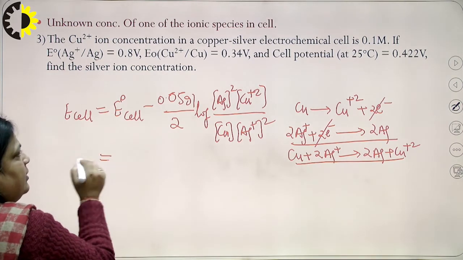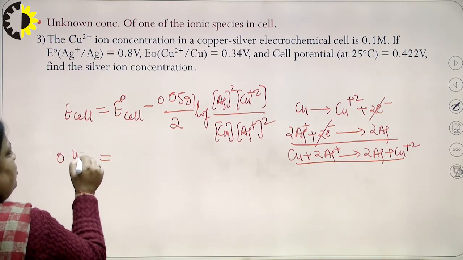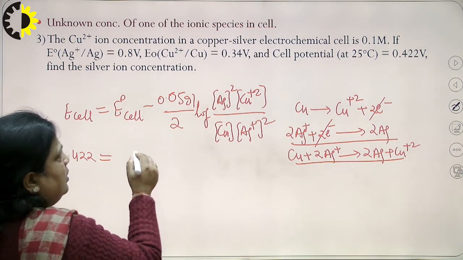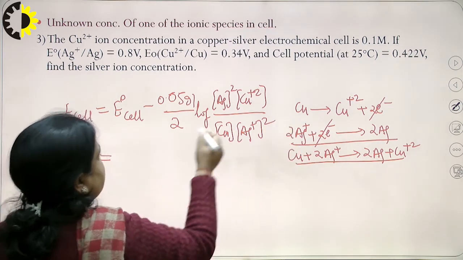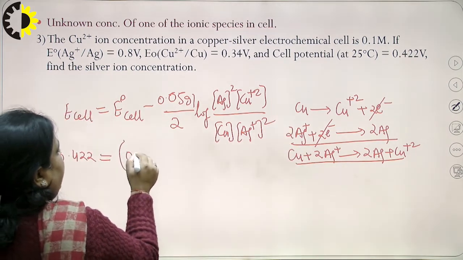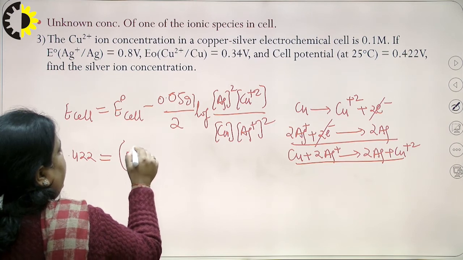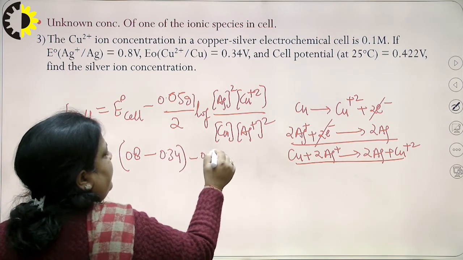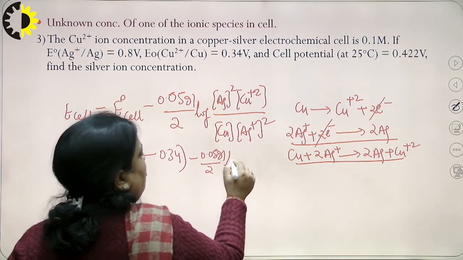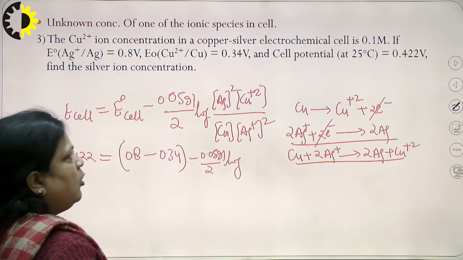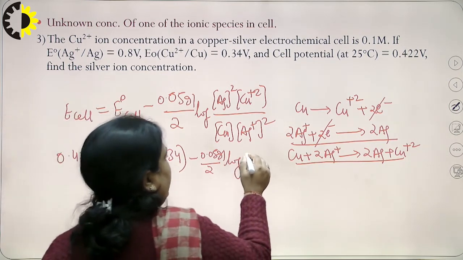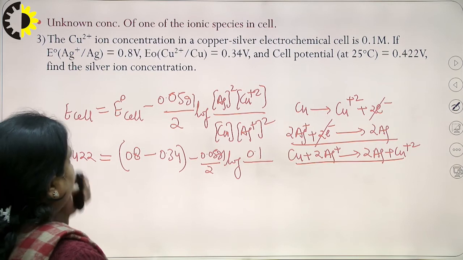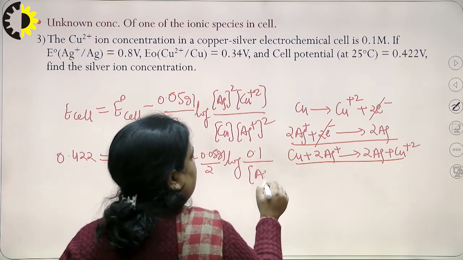Now, E cell is given, which is 0.422, and E naught cell is cathode minus anode, where cathode is silver and anode is this. So, we can say 0.8 minus 0.34 minus 0.0591 upon 2 log of solid 1 times copper plus 2, concentration 0.1, divided by copper solid 1, and we have to find the silver ion concentration.